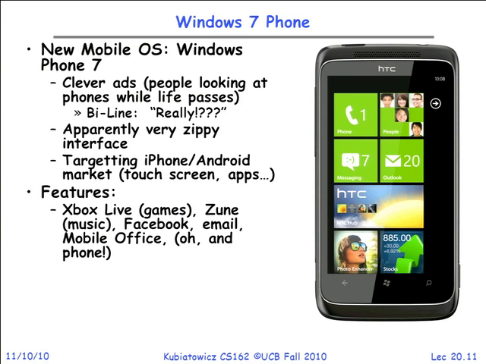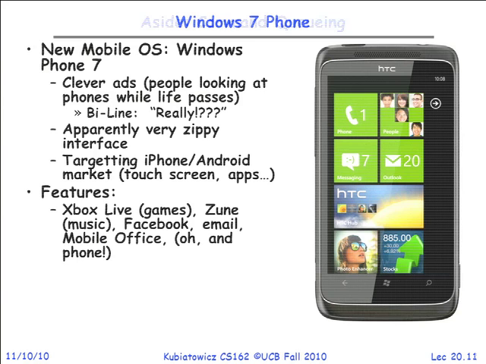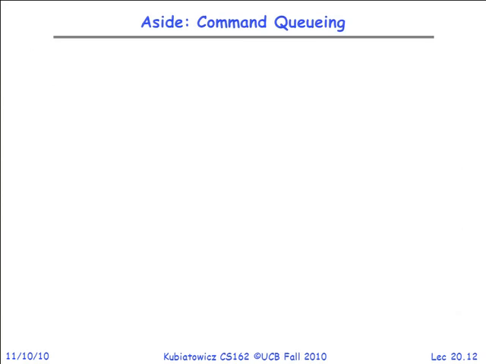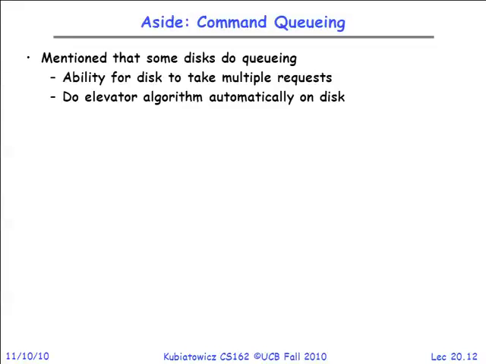All right. So the other little aside I wanted to talk about is command queuing. We did queuing theory a couple of lectures ago, and we also talked about how smart modern disks are. Basically, disks do their own processing of requests, and they do it in their own order.